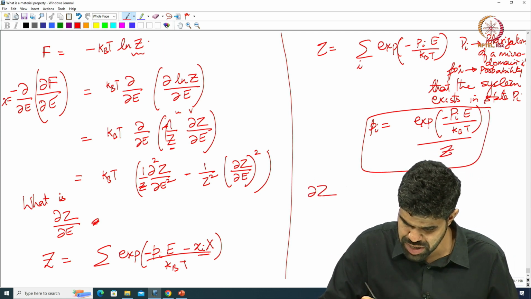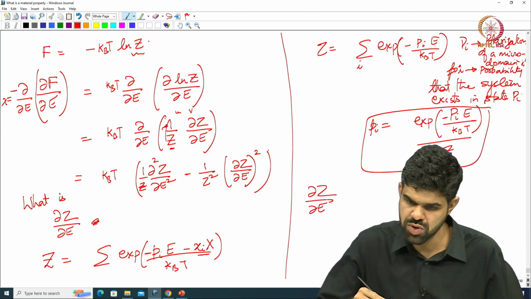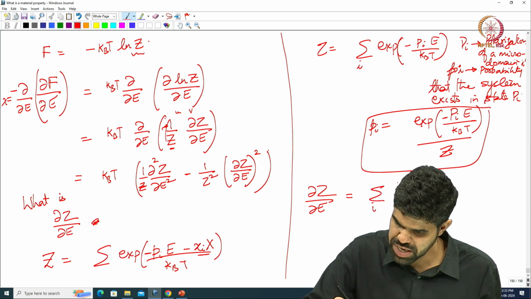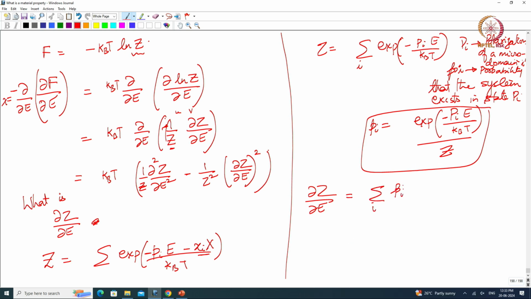Now, what is ∂Z/∂E? We need to look at terms like what ∂Z/∂E is. ∂Z/∂E is the sum over i, capital Pi comes out, not small pi, let us not get confused like me, times exponential minus capital Pi_i E by kBT. Actually, Pi by kBT will come out, 1 by kBT.